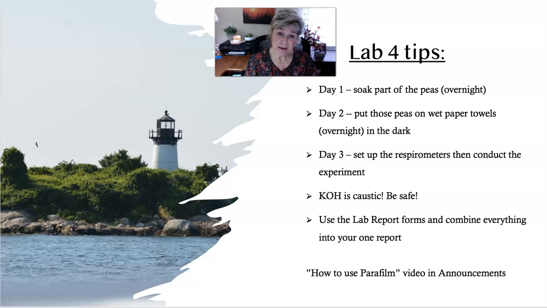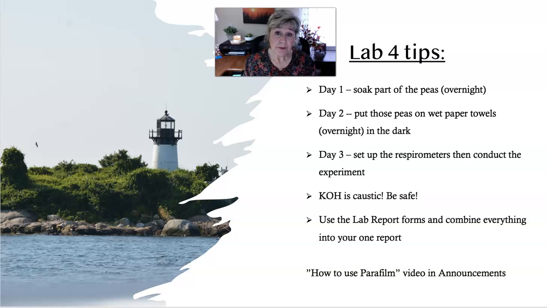Now, remember that we said even when we breathe in, we take in oxygen, we get the oxygen out of the air, but then when we breathe out, we exhale carbon dioxide. So there wouldn't be a way to measure this because the little peas would be taking in oxygen, but then they would be breathing out carbon dioxide. There wouldn't be any change in the gas volume in the respirometer.